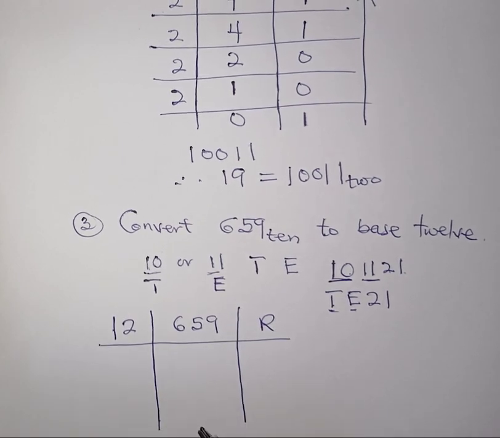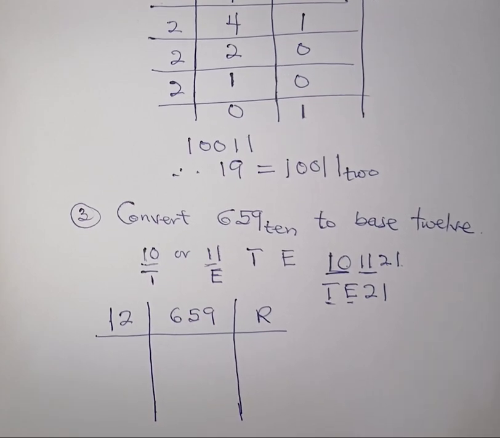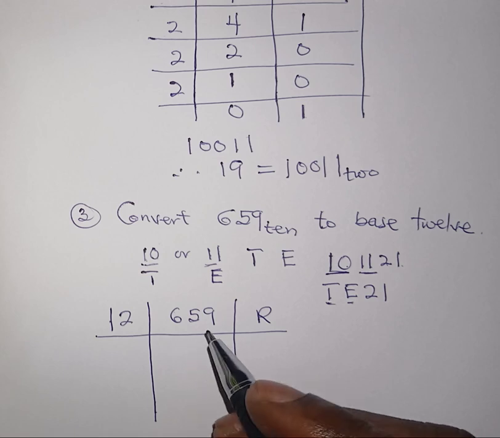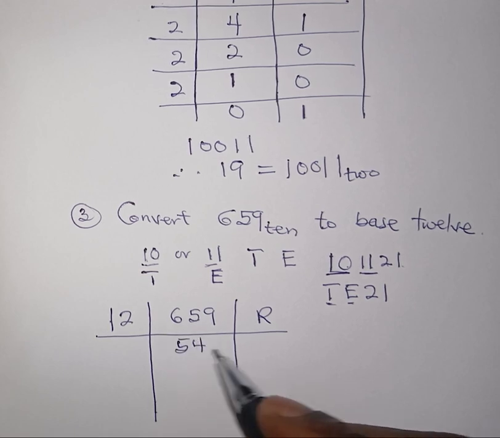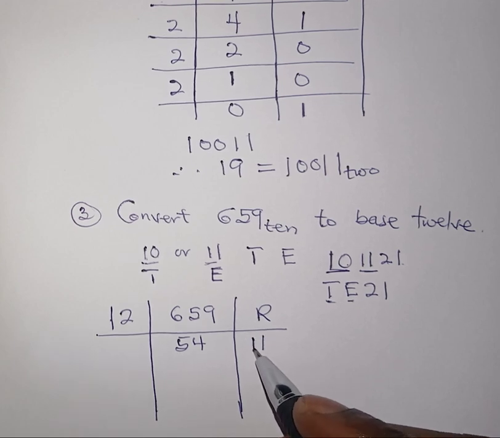Good. Now let's proceed. So 12 divide 659 how many times? If you divide, you realize that you are going to get 54, remainder what? You are going to get remainder 11, okay?